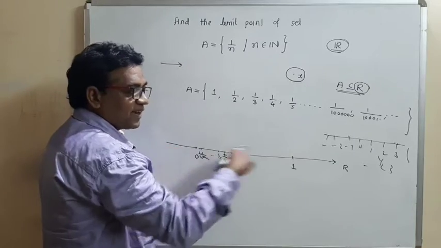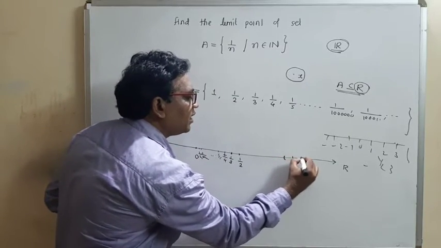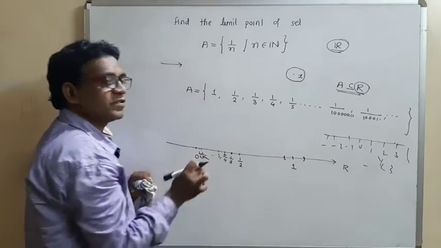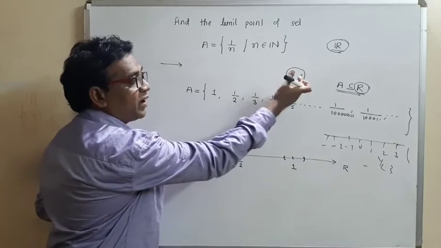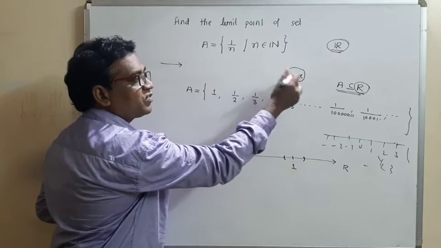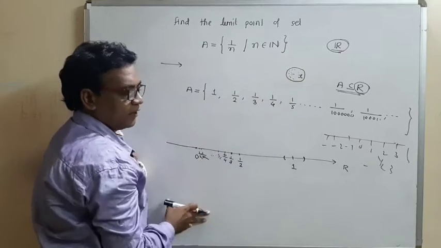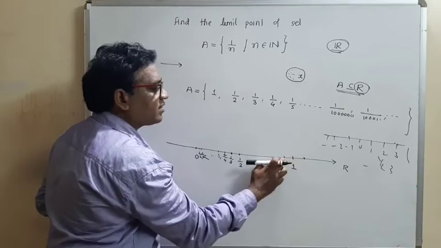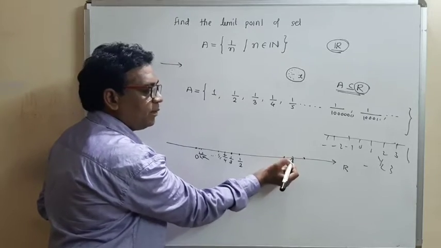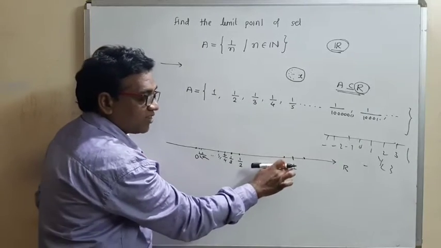For the real line, the open sphere is nothing but an open interval. The condition is that every open sphere contains infinitely many points of A other than X. Let us check whether X equal to 1 is a limit point of the given set or not. This is not a limit point.